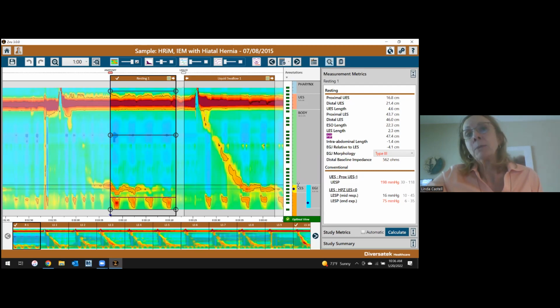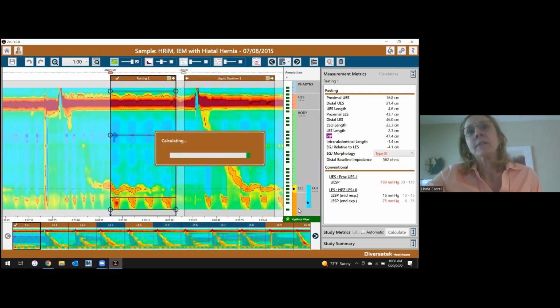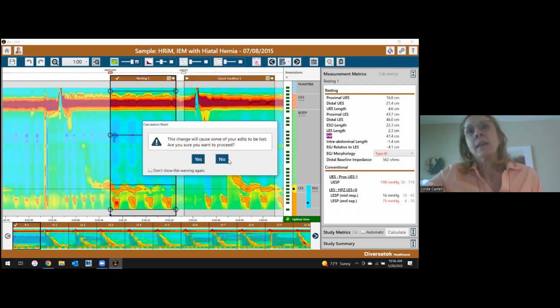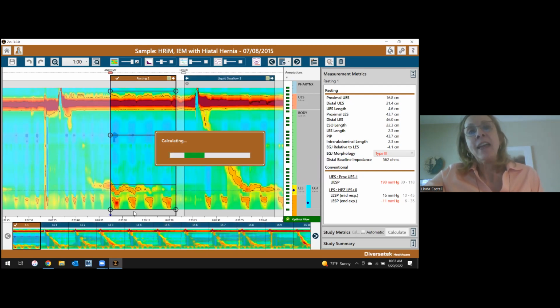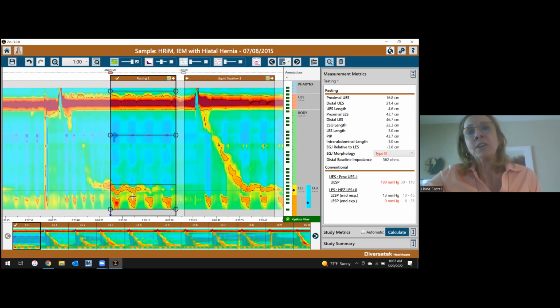So that's the proximal border of your LES. And then the distal, I'm going to put my bar on the distal LES. That's kind of where green meets yellow here. And so this is my LES. Then I have a small gap right here, which is the hernia.